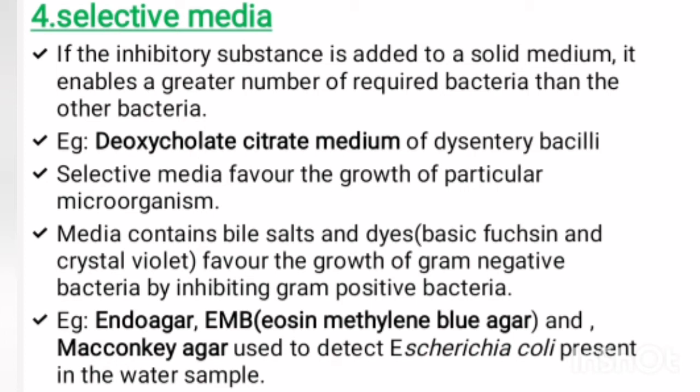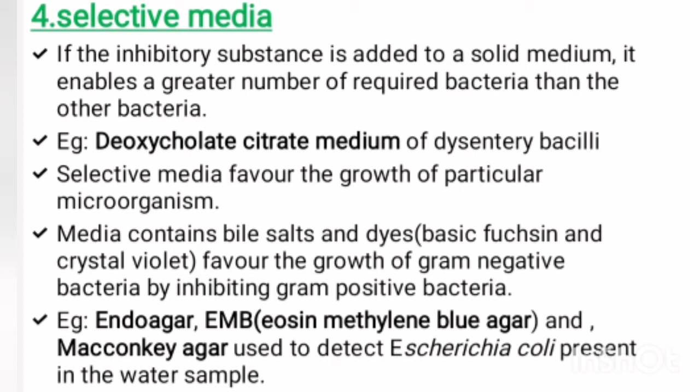Other examples for the selective media are endo agar, eosin methylene blue agar or EMB, and MacConkey agar. These three agar media are used to detect the presence of E. coli in the water sample.